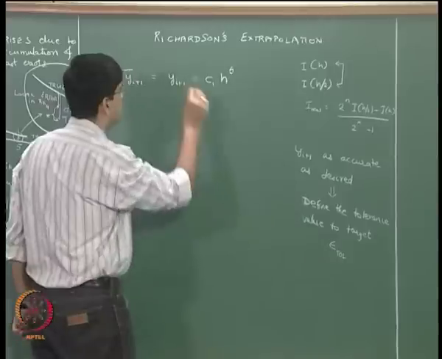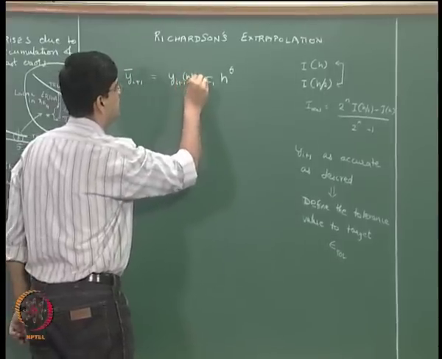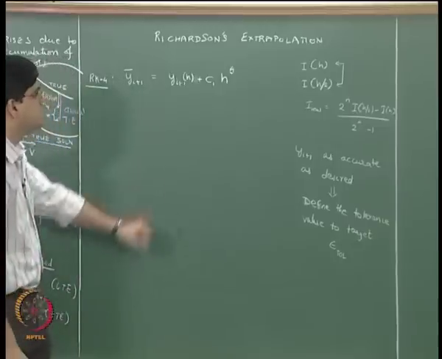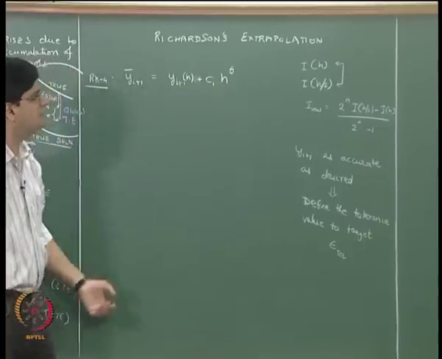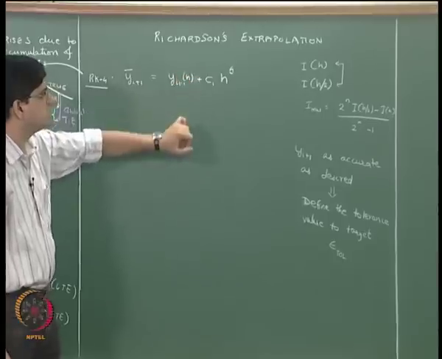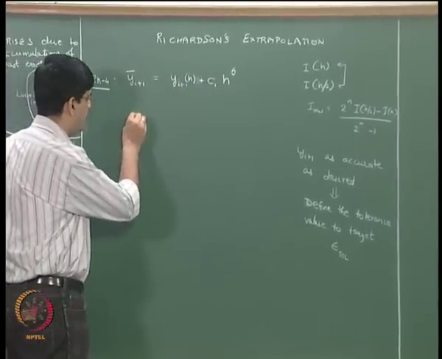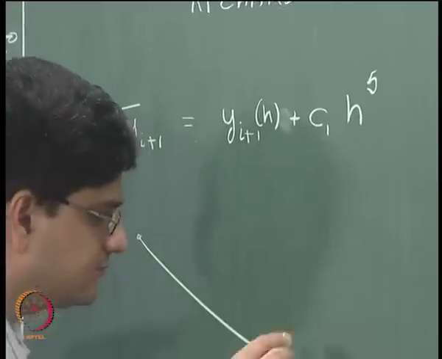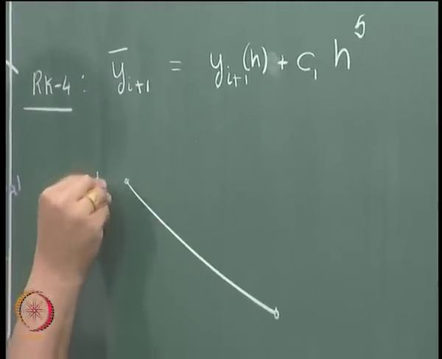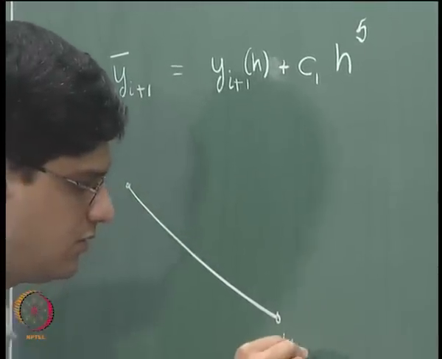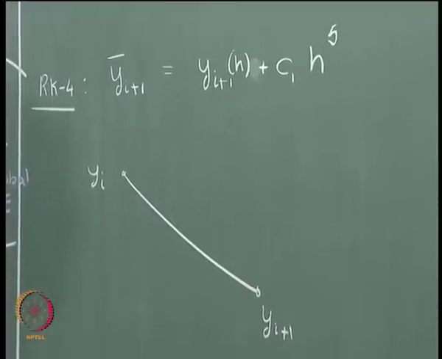I will modify this a little bit in line with what we had done, and put in brackets yi plus 1 of h plus C1 h to the power 5. This is using the RK4 method once, going from yi to yi plus 1.